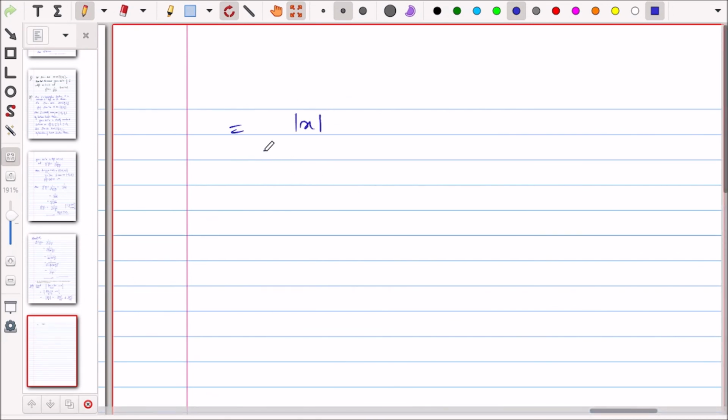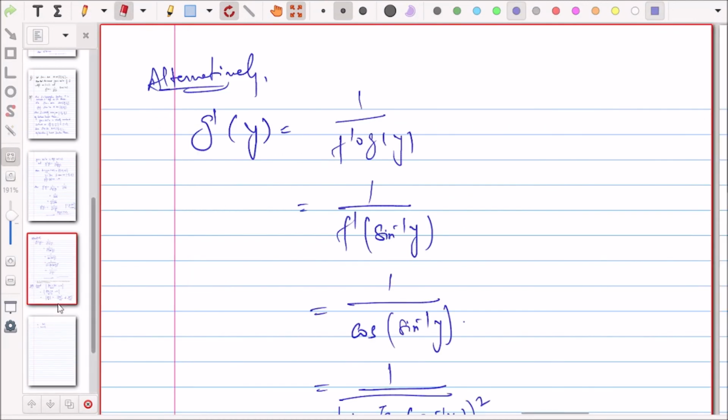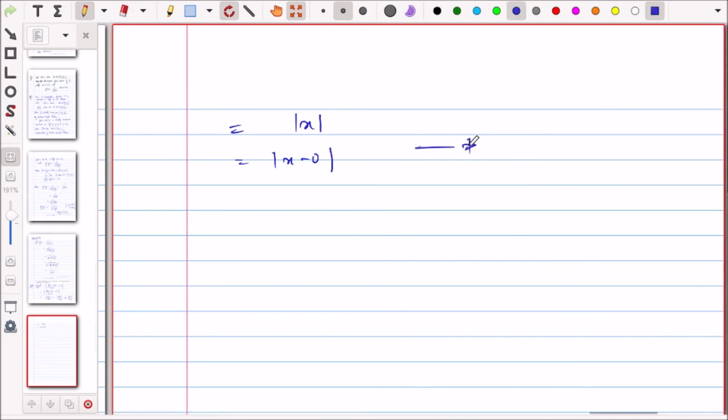सो क्या डेल्टा लेना चाहिए हमें? Which is equal to mod x minus 0. So let epsilon, okay sorry, epsilon हमने पहले लिया नहीं था, then so इसको स्टार बना देते हैं, call it a star.